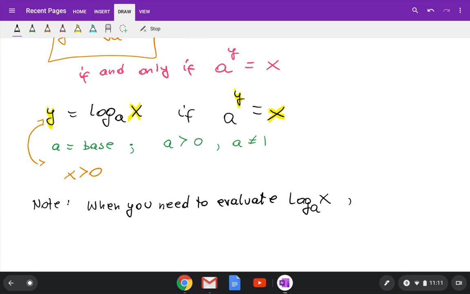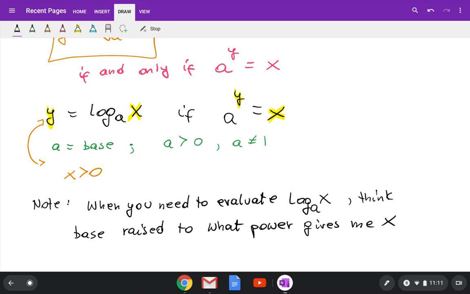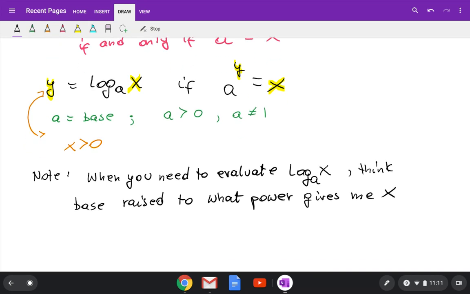It will help you if you think: base raised to what power gives me x? Gives me x, which is the number next to log. So think that way: base raised to what power will give you x.